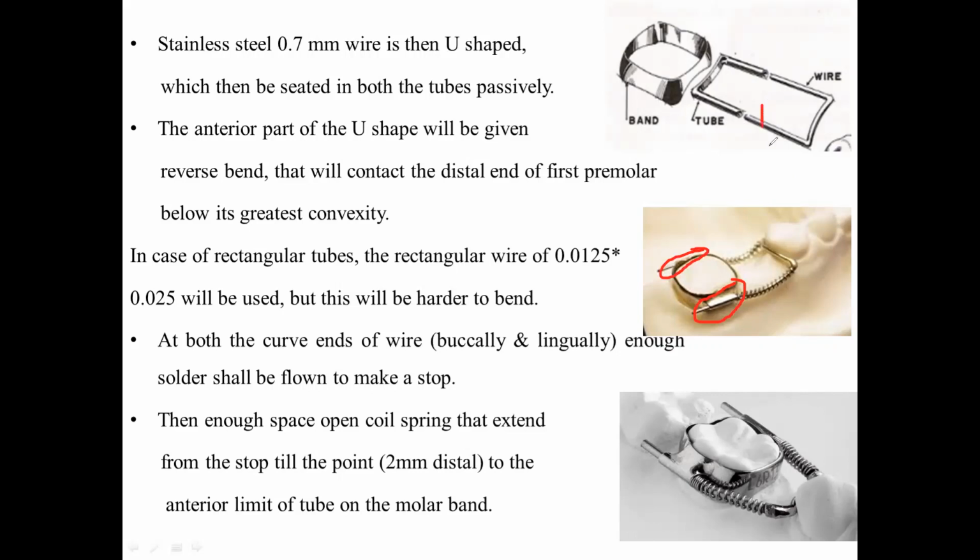And this wire is placed in a way that the ends of the wire go into the tube of the molar band on both sides, and the wire is given some curve over here. You just look at the anterior part of the wire.